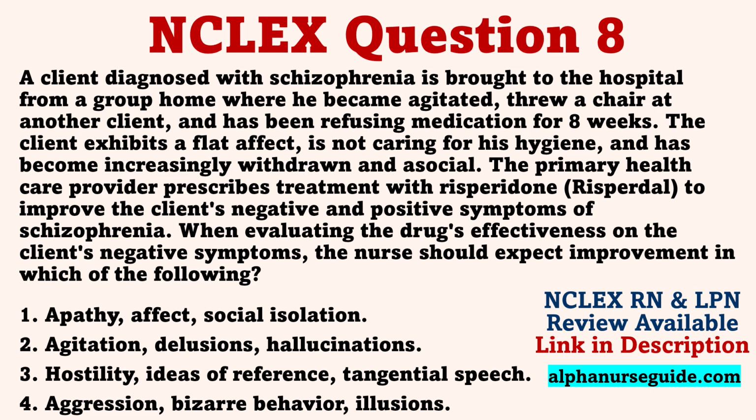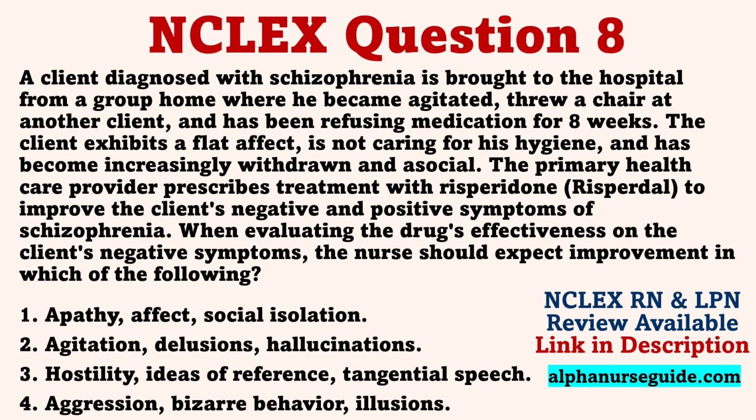When evaluating the drug's effectiveness on the client's negative symptoms, the nurse should expect improvement in which of the following: 1. Apathy, affect, social isolation. 2. Agitation, delusions, hallucinations. 3. Hostility, ideas of reference, tangential speech. 4. Aggression, bizarre behavior, illusions.